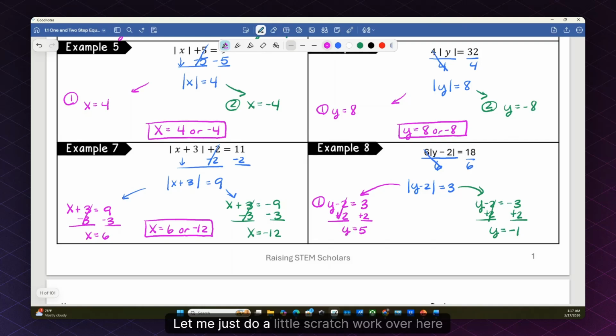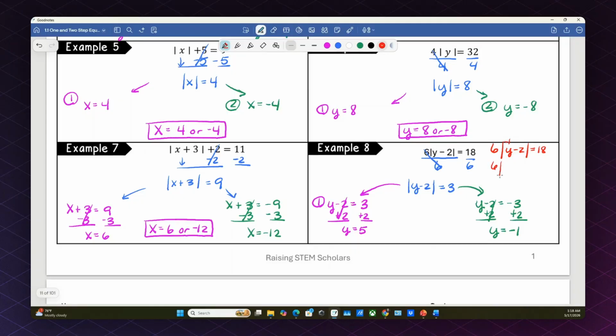Let me do a little scratch work over here just to remind you why we're doing it this way. If my equation is 6 times the absolute value of y minus 2 equals 18, and I substitute negative 1 right here, I've got 6 times the absolute value of negative 1 minus 2 equals 18.